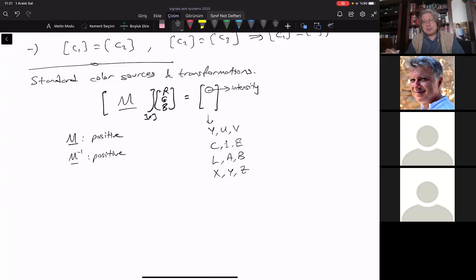Otherwise, it would not be very accurate to go from RGB to, let's say, YUV and back to RGB. All the negative portions will spoil some portion of this YUV, and all the negatives of M inverse will spoil it further, and this RGB prime is therefore not precisely equal to the RGB.